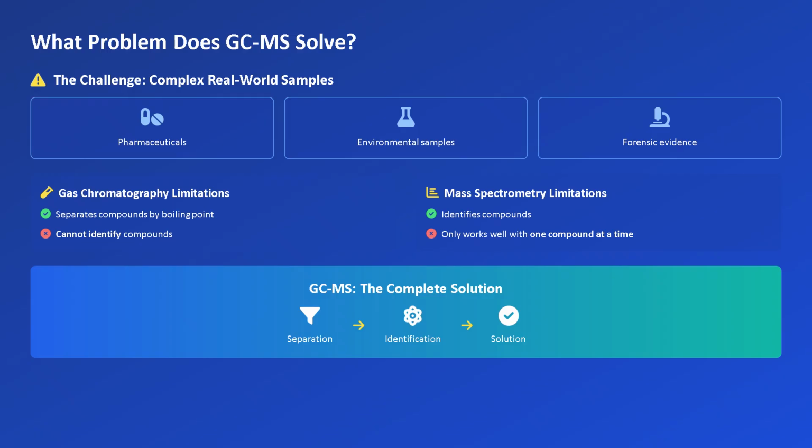Mass spectrometry can identify compounds, but only if they enter one at a time. GC-MS solves this by combining both strengths. First, compounds are separated. Then, each compound is identified individually. This combination is what turns GC-MS into a complete analytical solution.